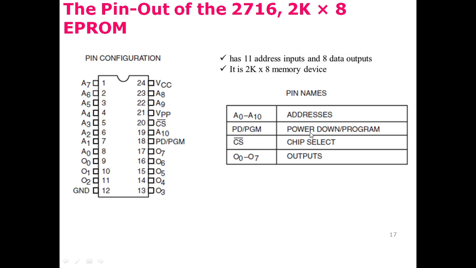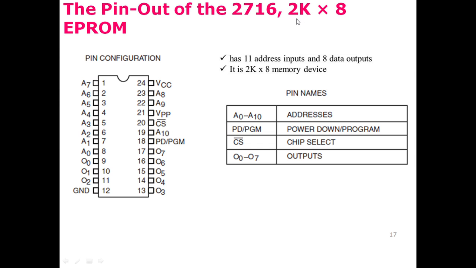One is the power down program pin that is responsible to enable the output. Power down and program are just different names for the output enable. And here we have the chip select pin as well, which is active low. So whenever a 0 is provided through this pin, this chip is selected, and we have 8 output pins, 0 till 7.